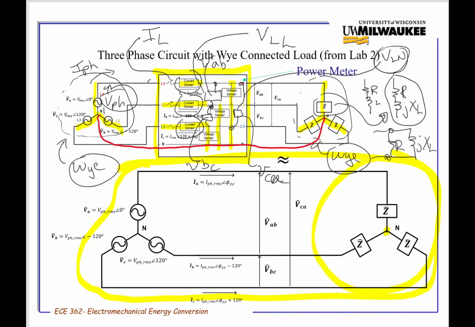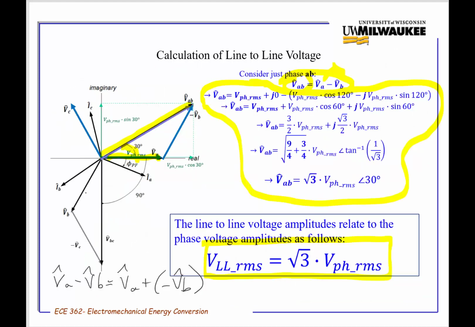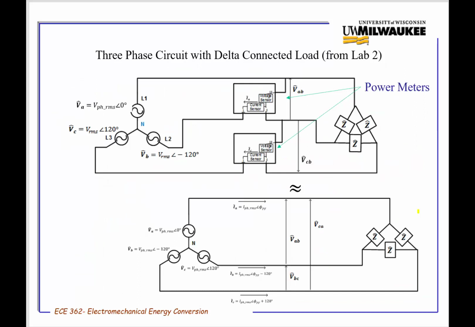But I could take this same load and I could connect it a different way. I could connect it this way. This is what's called a delta connection.